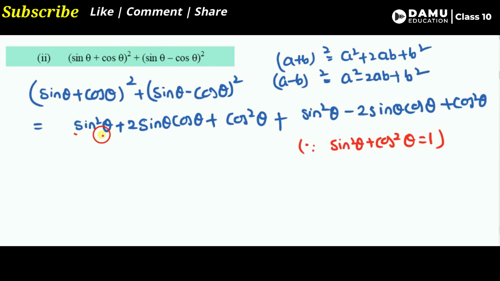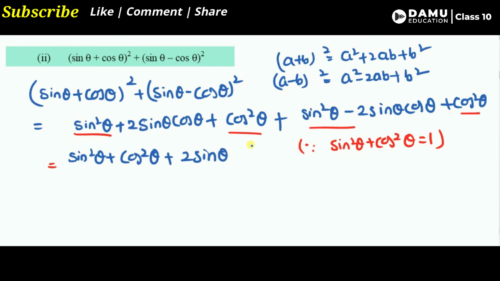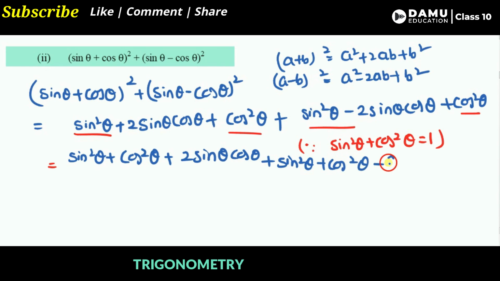So let's combine these. What values will we get here? The values will be sin square theta plus cos square theta plus 2 sin theta cos theta, plus sin square theta plus cos square theta minus 2 sin theta cos theta.